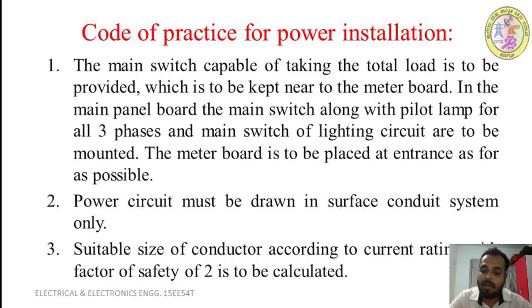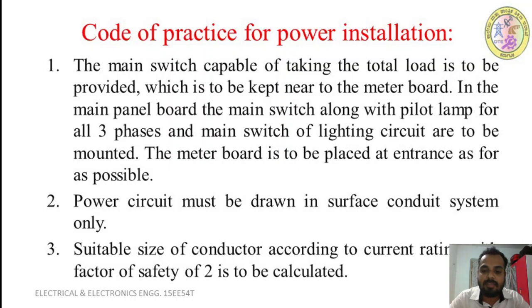In a workshop there will not be only machines; you have to provide sufficient lighting so that workers can work. For that lighting circuit you have to provide one separate main switch, and that also has to be placed near the meter board.